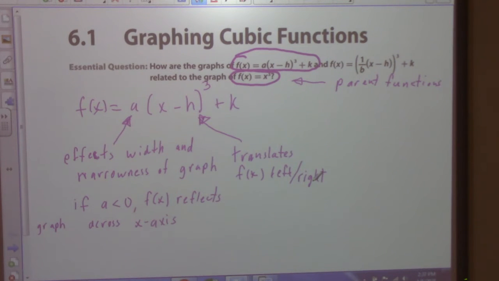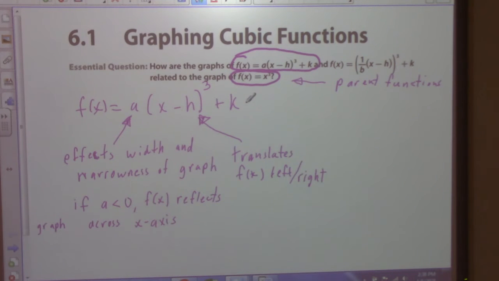What would be some other words? Slide, yeah. Slides, shift, move. Now, somebody in the 7th period said maneuver. Okay, so anyway, just different things.